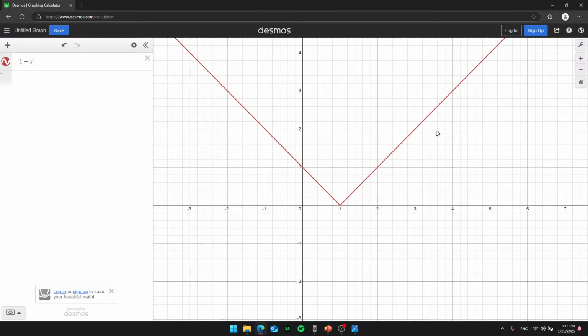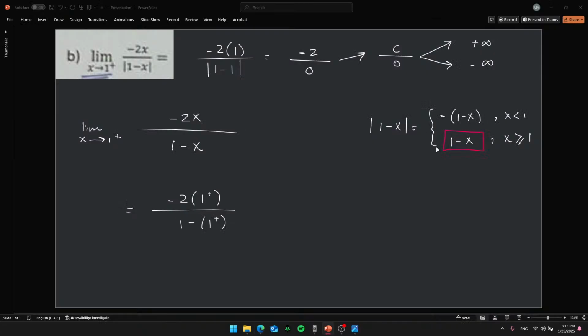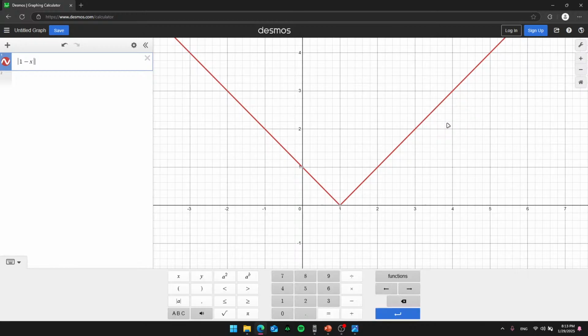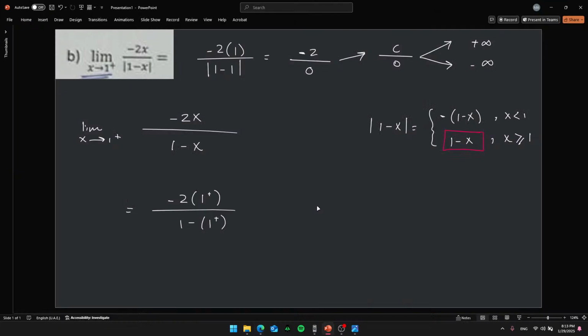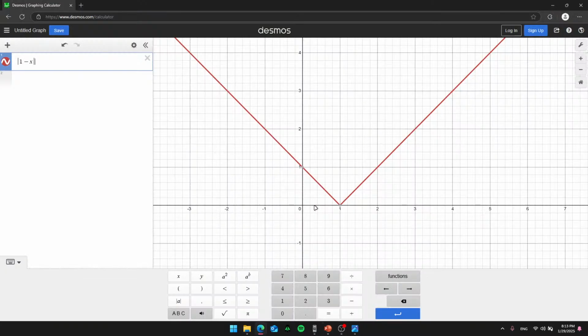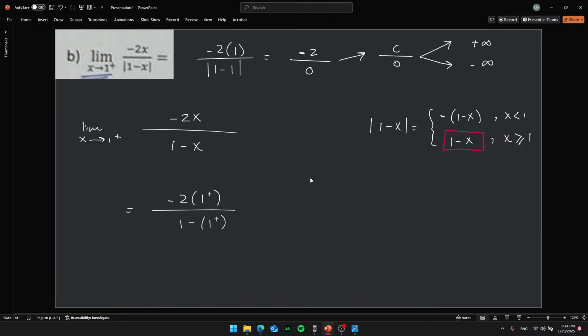So it's positive when x is greater than 1, and it's negative when x is less than 1. Okay. So negative 2 times 1 is negative 2. Oh, okay.